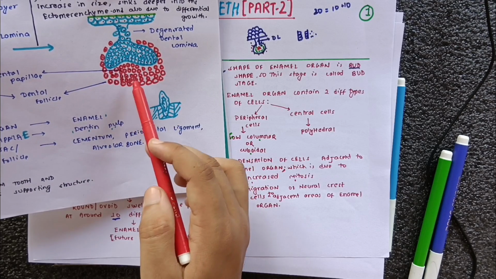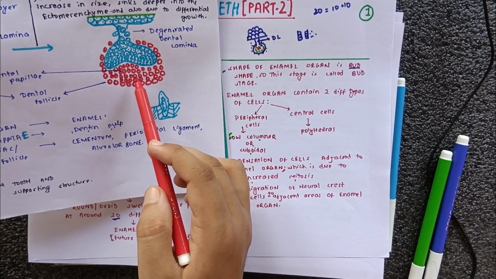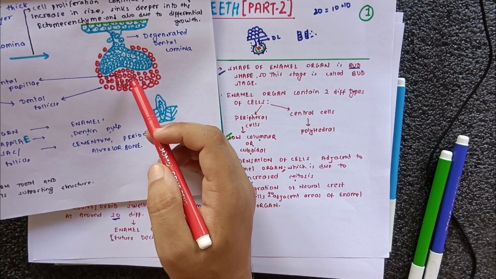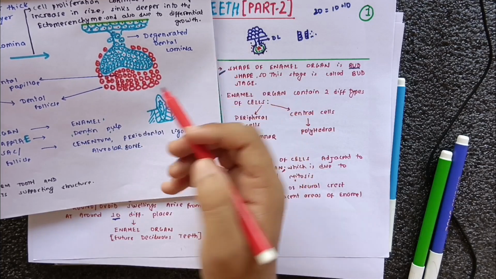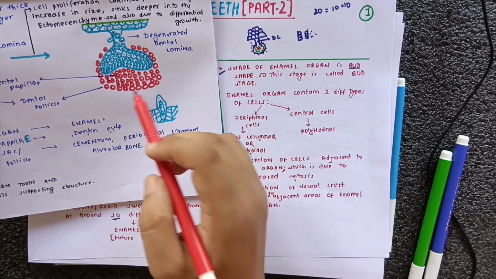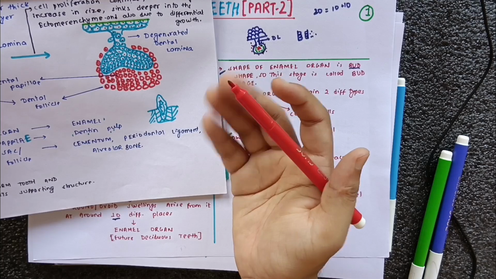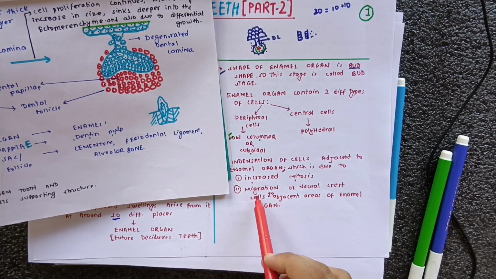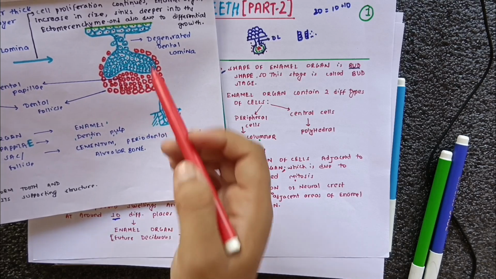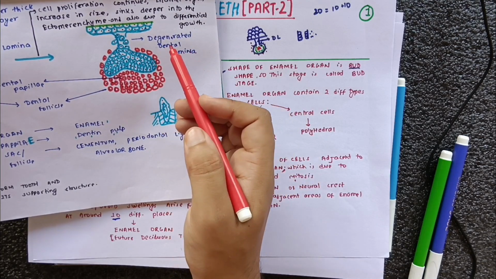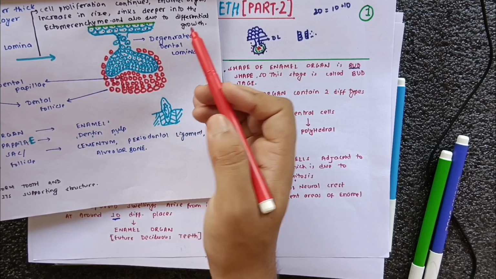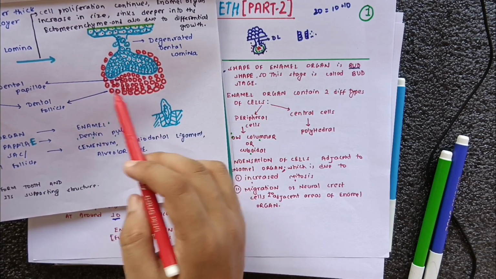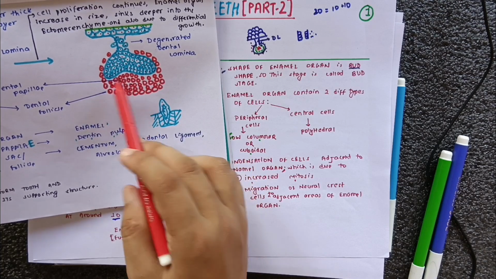These connective tissue cells present in the connective tissue ground substance increase their mitosis and proliferate in a fast manner, and they condense. Similarly, there is also migration of the neural crest cells. The other connective tissue cells, neural crest cells, or ectomesenchymal cells, migrate from the other side to here, to the adjacent areas of the enamel organ, so there is formation of condensation of the connective tissue around the enamel organ.